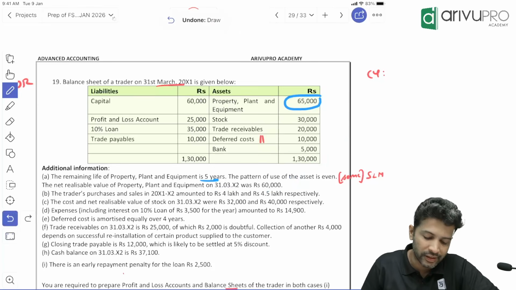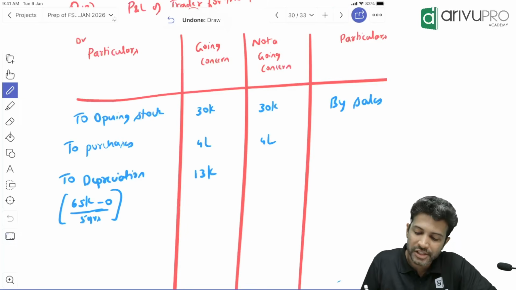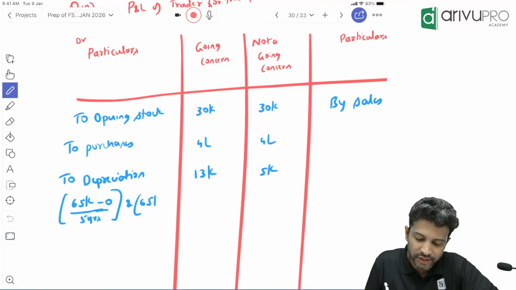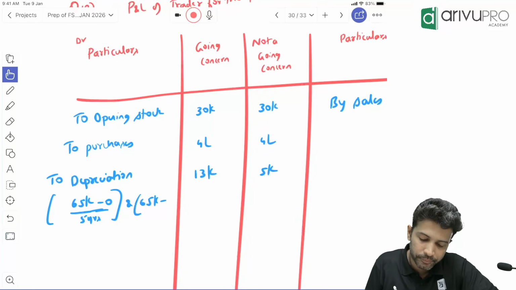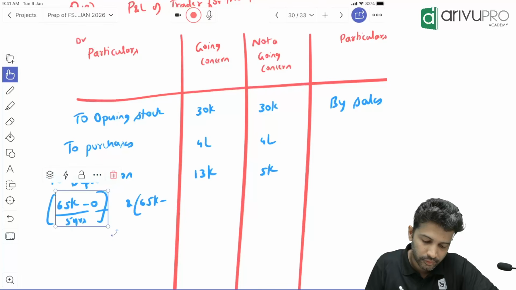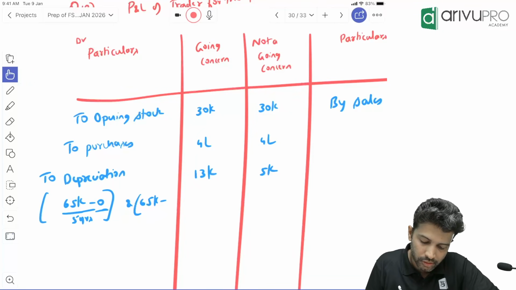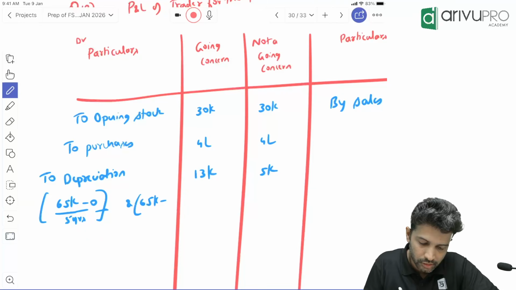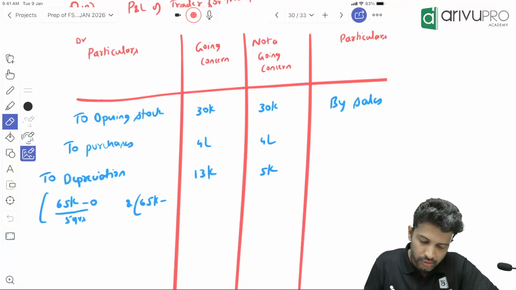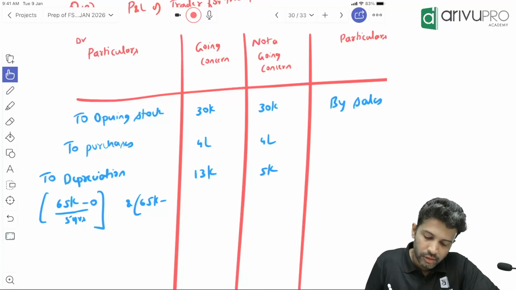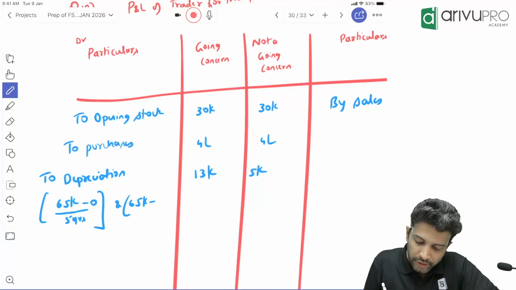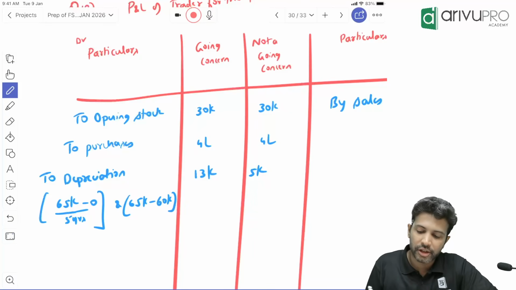So is the asset value increasing or reducing? That means how much depreciation will you charge? From 65, you need to bring it to 60, so how much is the reduction? 5,000.